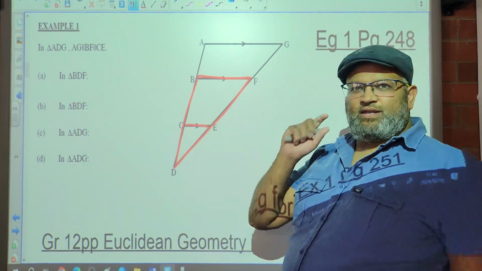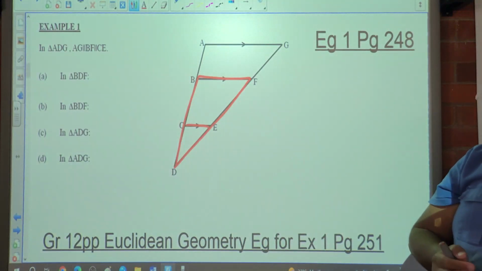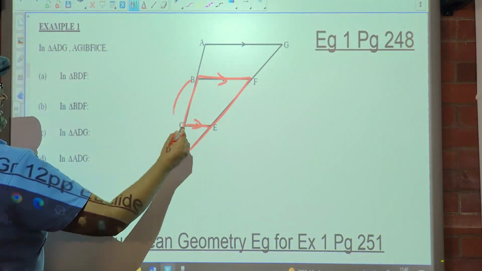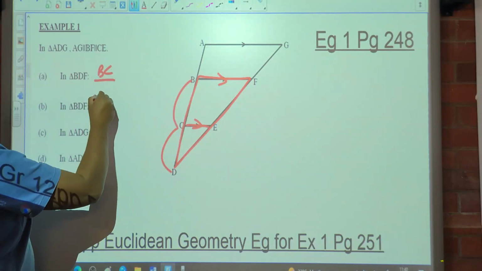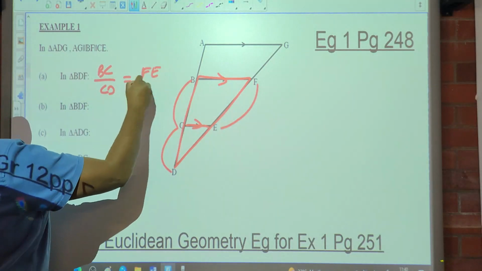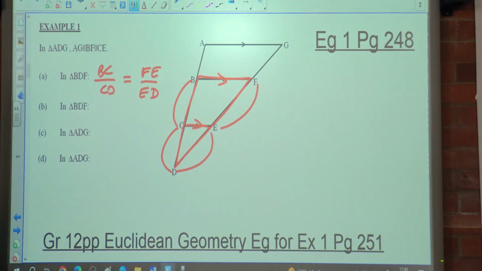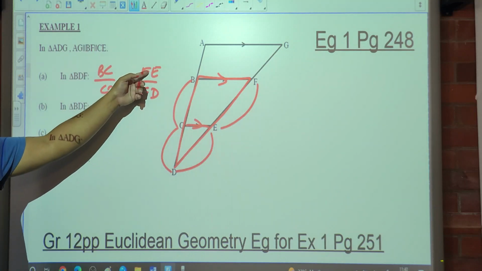Remember that those lines are parallel. So yesterday we spoke about all the variations you get. Okay? So we can just basically say if those lines are parallel, we can say that BC over CD is equal to FE over ED. Okay, and you could have also said CD over BC is equal to ED over FE.